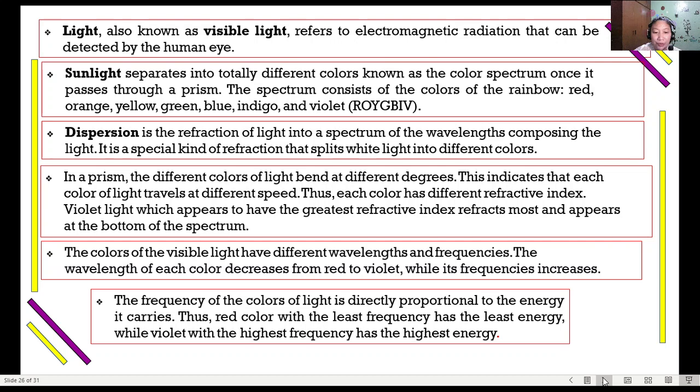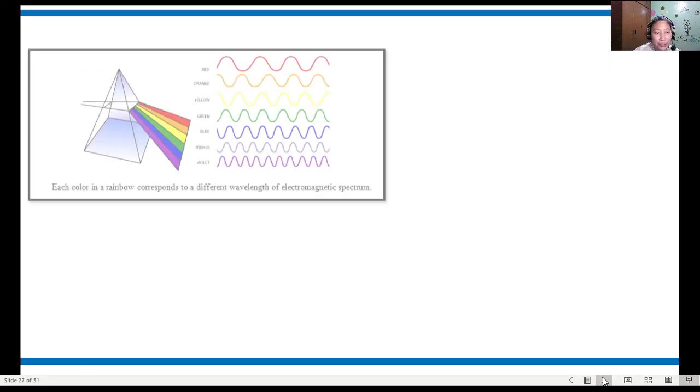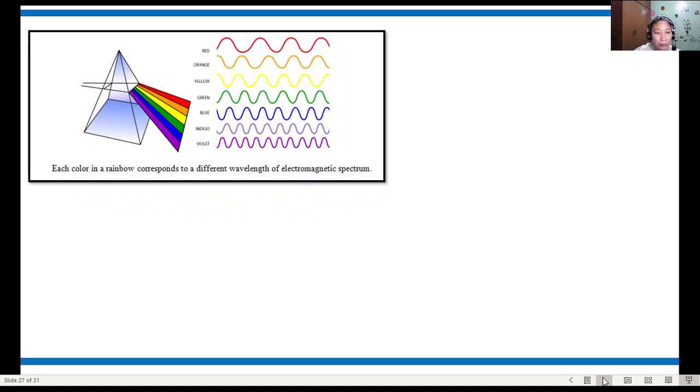So, yung red to violet, left to right yon, habang yung frequencies nila nag increase ganun din naman yung energy nag-i-increase din. So, higher frequency means higher energy it carries. The red color with the least frequency has the least energy, while the violet with the highest frequency has the highest energy. So, ito yung itsura ng glass prism natin.